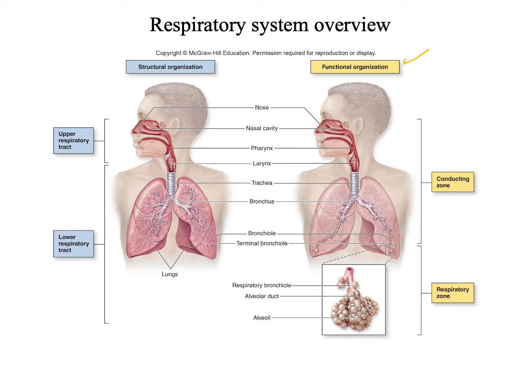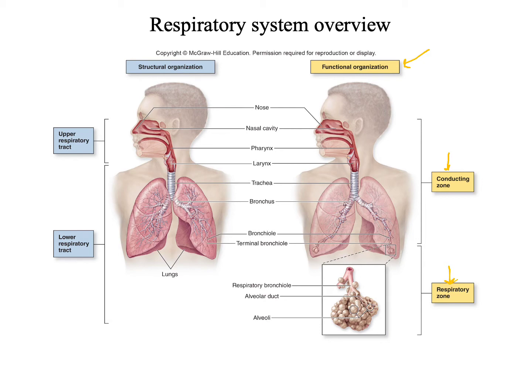Now, functionally, we can break the respiratory tract up into whether those zones are conducting air, which means just allowing air to pass, helping conduct or transport air, or whether those zones are involved in the exchange of gases that occurs deeper within the lungs.